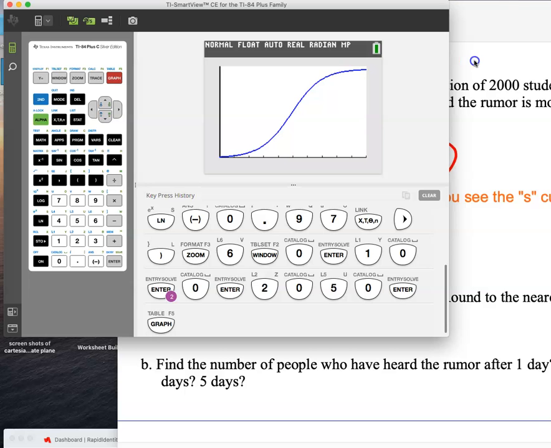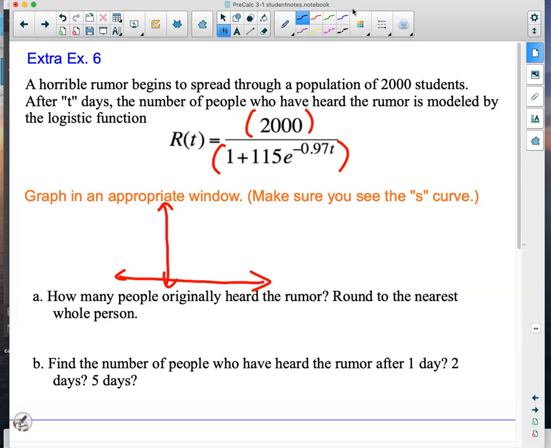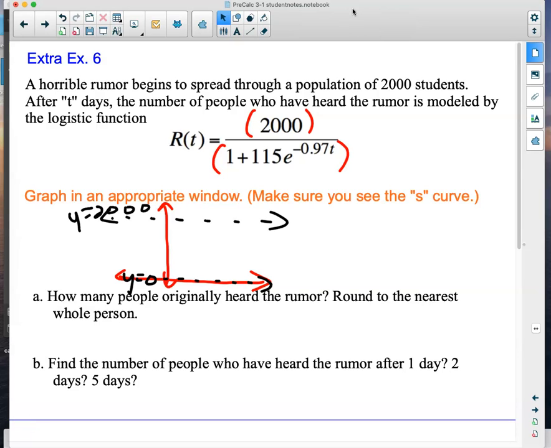So let's go ahead and just make a sketch. Knowing that y equals 0 is one of our asymptotes, and y equals 2,000 is another one.